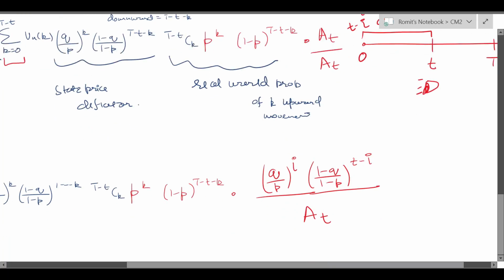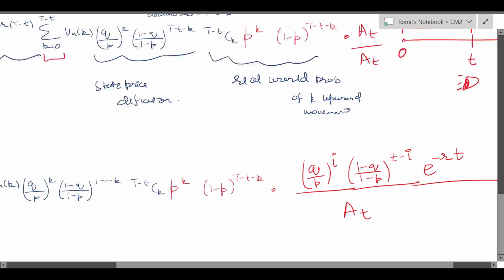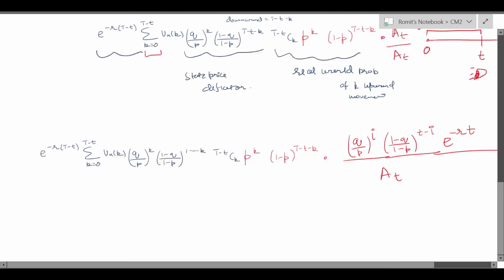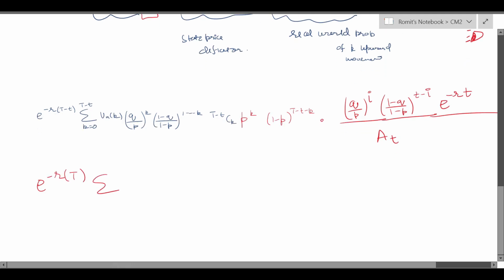This is what I can write this part as, and obviously multiplied with e to the power of minus r t, because I'm discounting for t years. Okay. Now let's just combine the whole thing. So it will be e to the power of minus r (T minus t) multiplied with this term. So it will become e to the power of minus r T. Okay. Summing over k goes from 0 to T minus t. Okay. V_T(k).